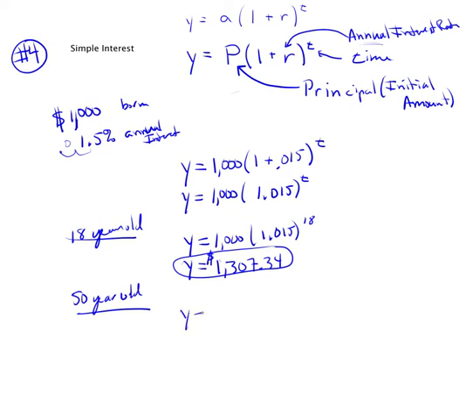Now, after 50 years, we can use that and see how much that would be after 50 times of that interest. When we type that into the calculator, using the exponent of 50, we get $2,105.24.